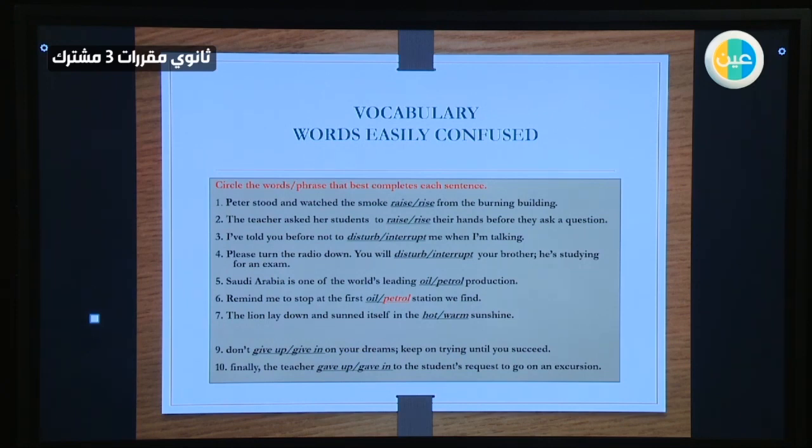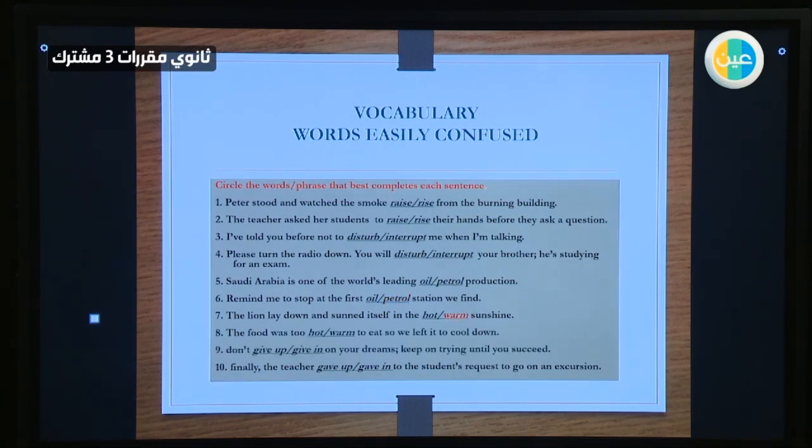Number 7: the lion lay down and sunned itself in the warm sunshine. Of course, it's not hot, it's warm, in the middle, not hot and not cold. Number 8: the food was too hot to eat, so we left it to cool down. It's too hot, I can't eat it now.